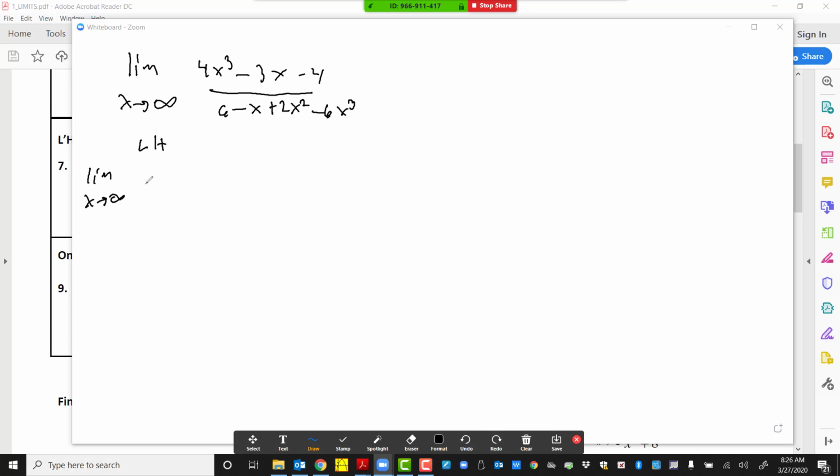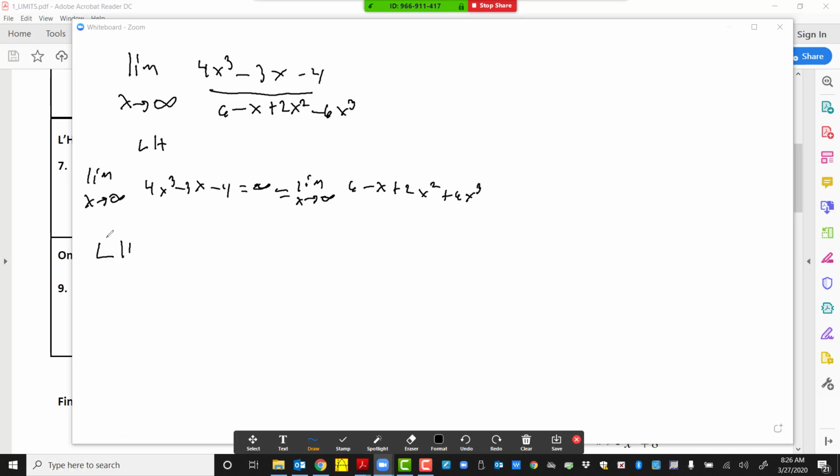Limit as x approaches infinity of 4x cubed minus 3x minus 4 equals infinity, which is equal to the limit as x approaches infinity of 6 minus x plus 2x squared plus 6x cubed. So we'll do L'Hopital's rule.